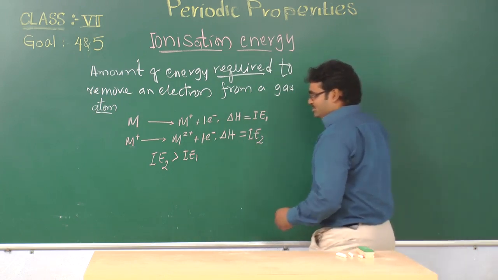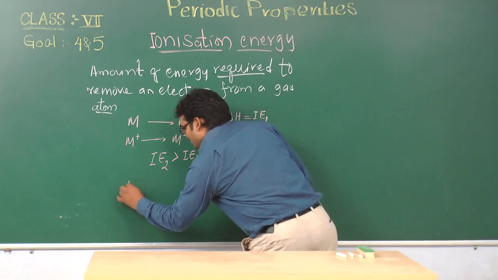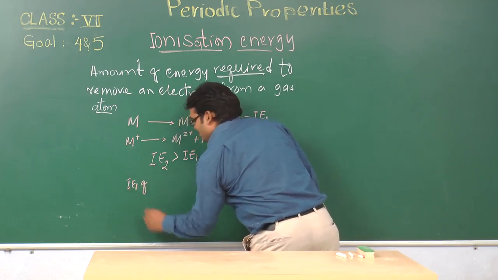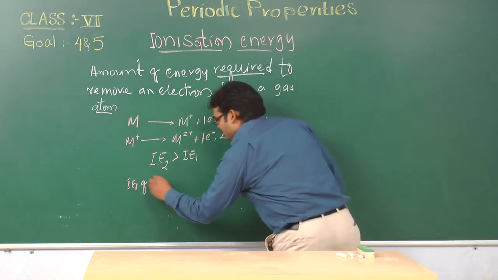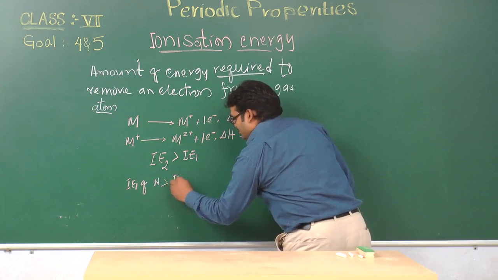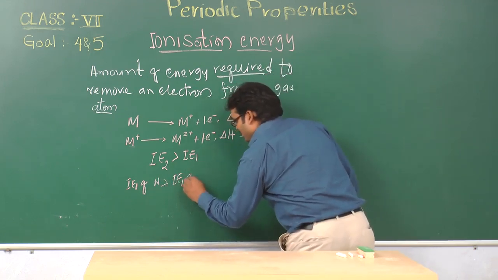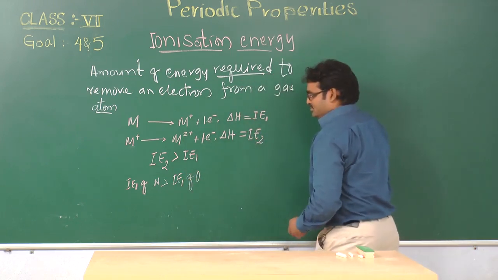If you take an example, the first ionization energy of the nitrogen atom is greater than the first ionization energy of the oxygen atom.